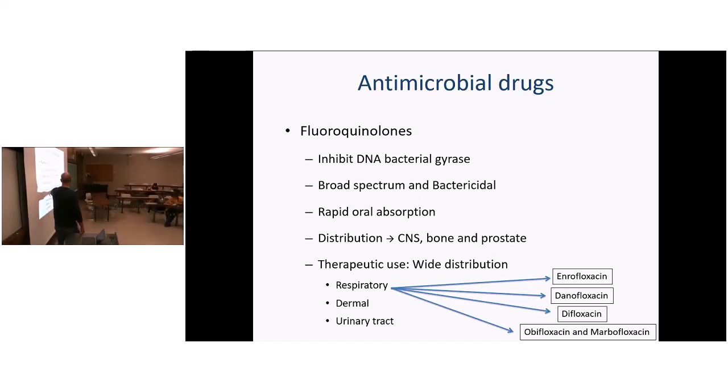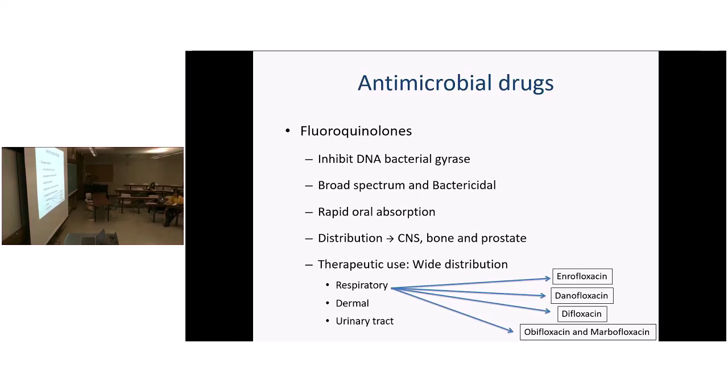Distribution: central nervous system, bone, prostate. Also, they have rapid oral absorption. And there is one thing that has to be said about drugs that you can take orally: if they are rapidly absorbable, they also tend to be very penetrable into other tissues.